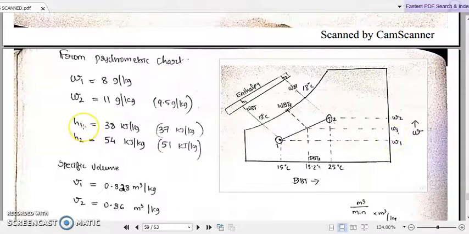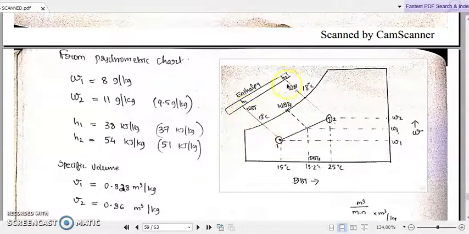Then we can easily find out the enthalpy values H1 and H2. How can we find the enthalpy values? Simply follow the wet bulb temperature line corresponding to 1 and 2. The line from 1 will be intersecting the enthalpy axis at H1. The line from 2 will be intersecting the enthalpy axis at H2.